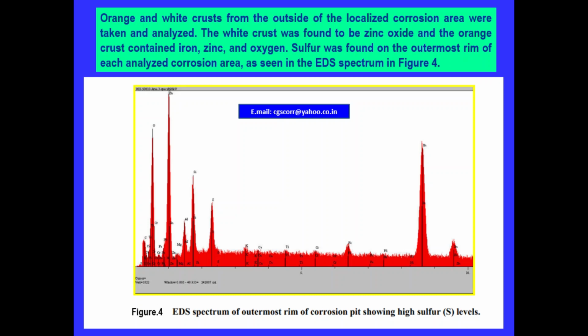Sulfur was found on the outermost rim of each analyzed corrosion area, as seen in the EDS spectrum shown below in Figure 4. You can see the peaks of oxygen, zinc, silicon, aluminum, magnesium, sulfur, iron, chromium, titanium, potassium, and others.